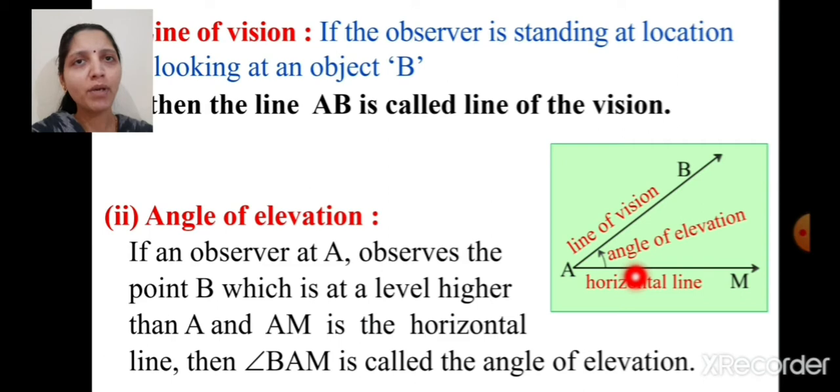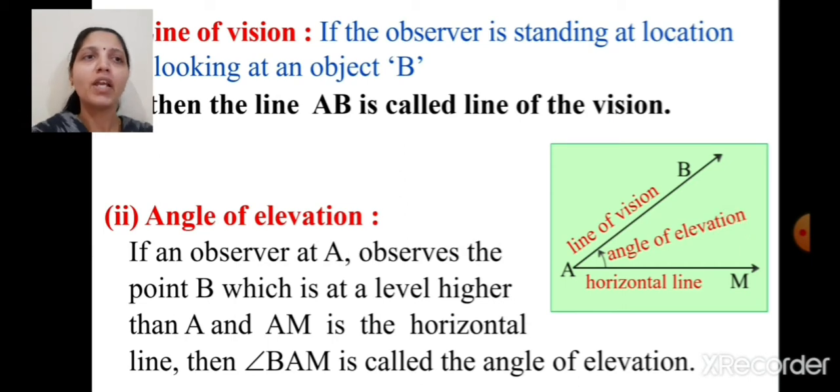So always remember, an angle of elevation is formed when the object is at a higher level than the observer's eye level. Whenever you are observing any tall object which is taller than your eyesight, that object forms an angle of elevation.